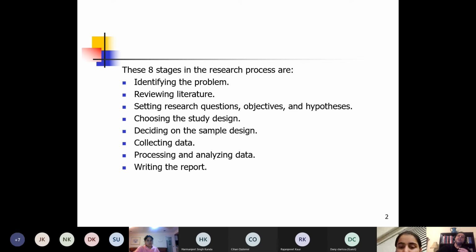So just by changing the dependent variable, we have suggested now three different researches, three different research questions. You get it? Okay. So now we are in point number 3, setting research questions, objectives, and hypotheses.